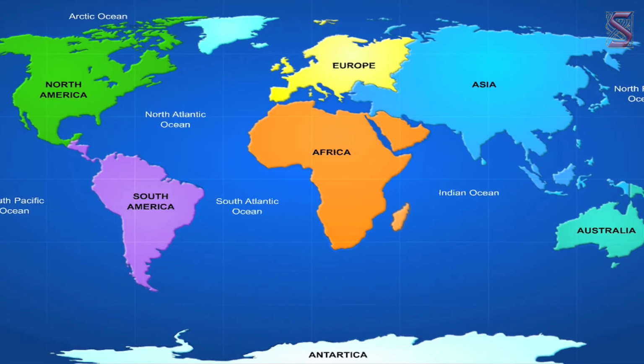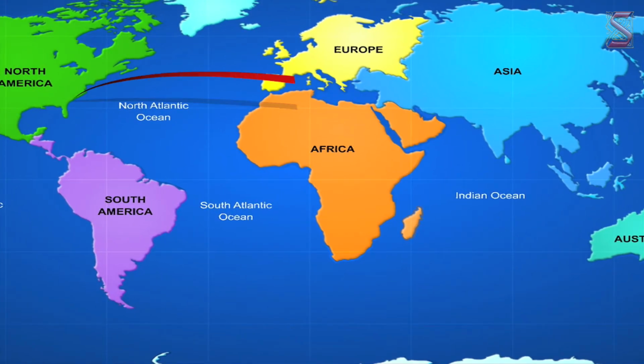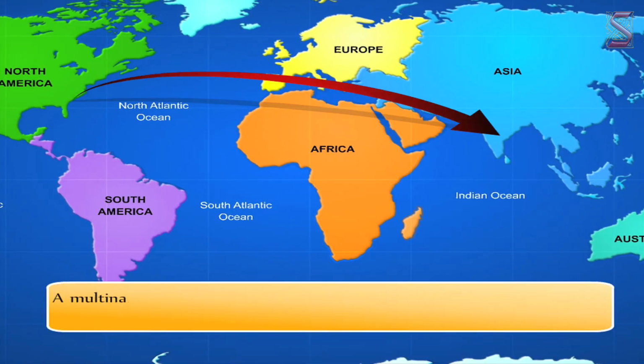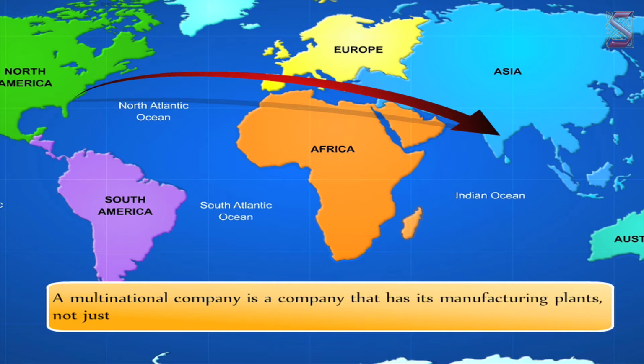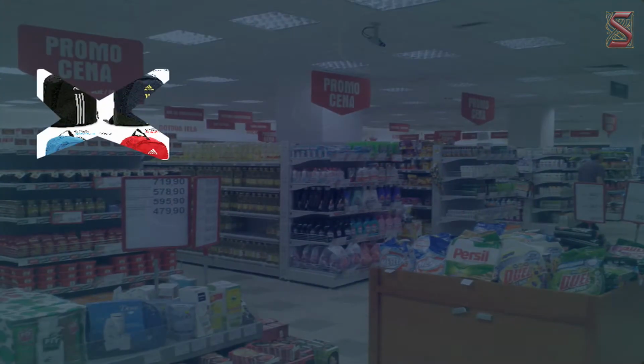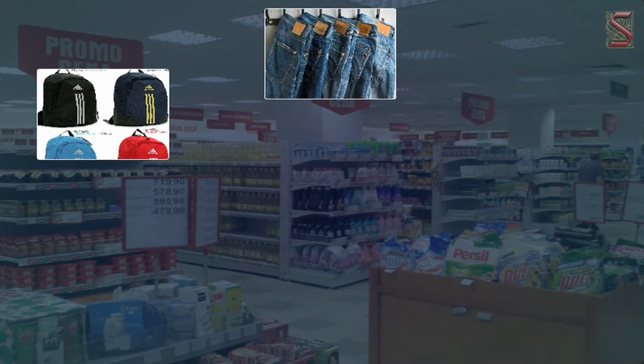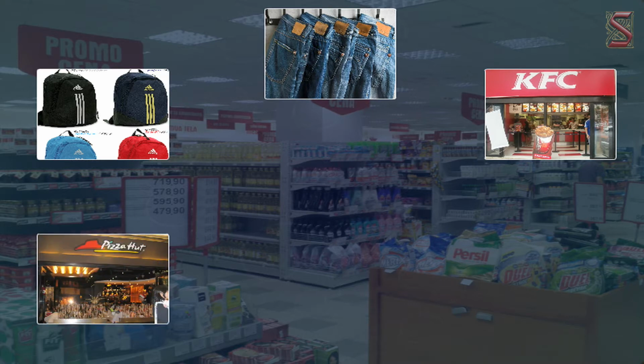As a result, many multinational companies came into India. A multinational company is a company that has its manufacturing plants not just in one country but in different parts of the world. Today, you wear brands like Adidas and Pepe. You eat KFC and pizzas at Pizza Hut.